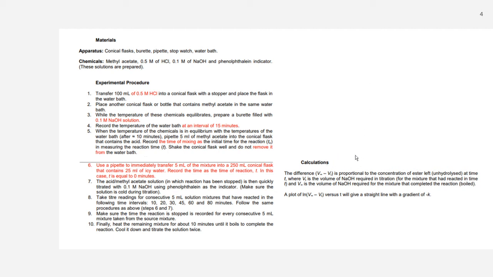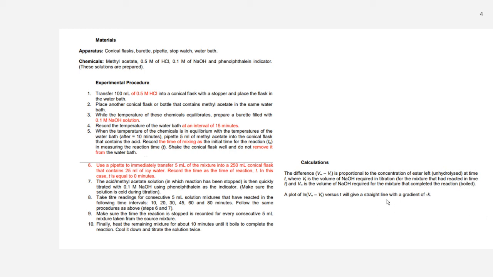So the difference that you get is proportional to the concentration of the unhydrolyzed ester, and so the Vt is the volume of NaOH required in titration that's reacted in time t. Okay, and this V infinity is the volume of NaOH required for the mixture that has completed. So with that, you plot ln of V infinity minus Vt versus t, and you get a straight line with a gradient of negative k.